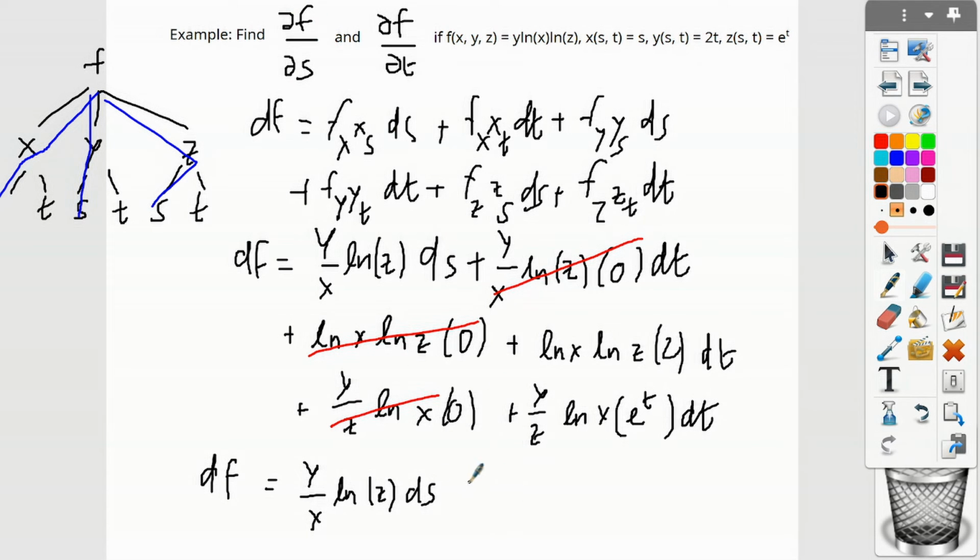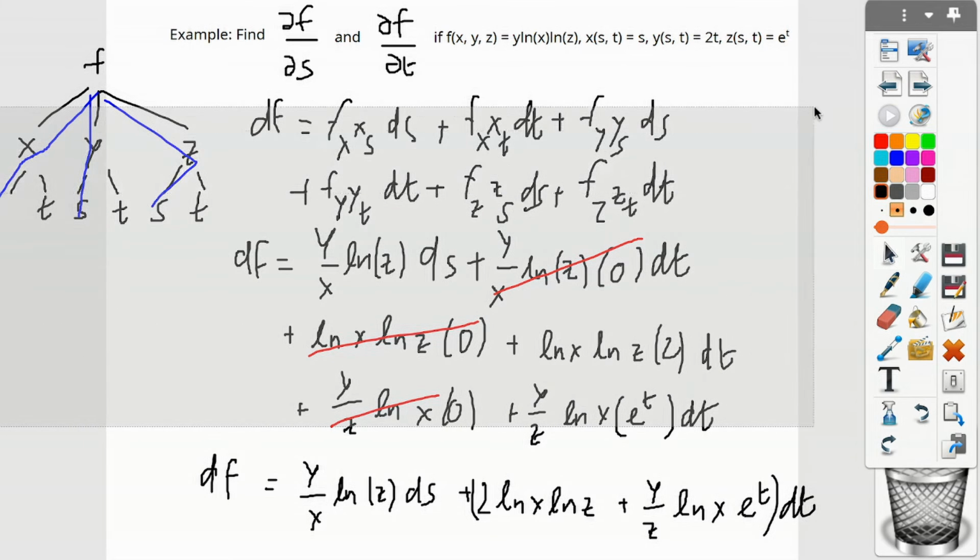That's your f sub s plus ln x ln z times 2. So 2 times ln x ln z plus y over z ln x and times e to the t dt, like this. Now we substitute.